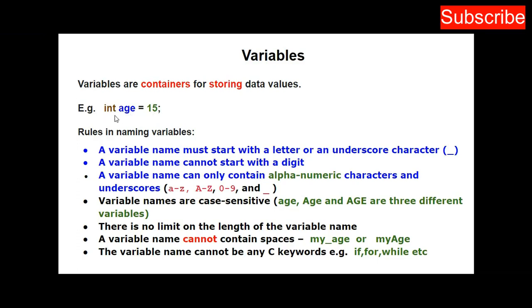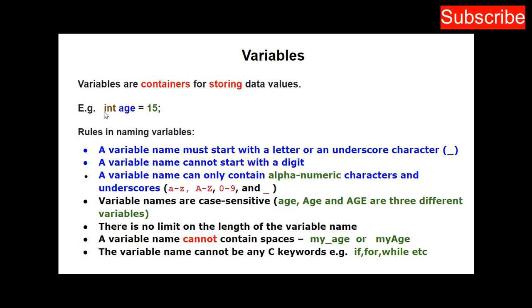Of course, 15 is an integer, so it's of data type int. The name of the variable is age, and the value 15 is stored inside age. So that's why you see in C programming we declare it this way, saying int, which is the name of the data type, age, which is the name of the variable, is equal to the value, which is 15.